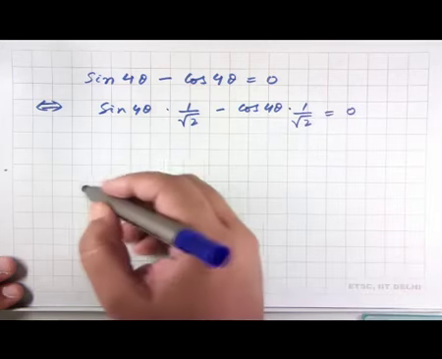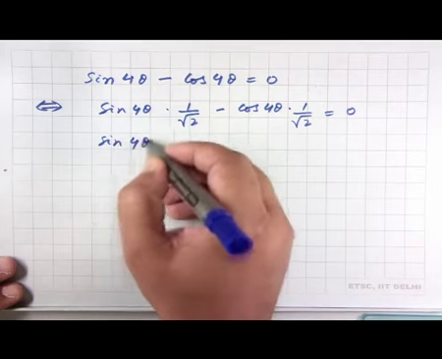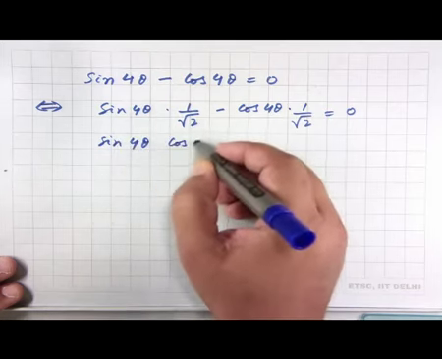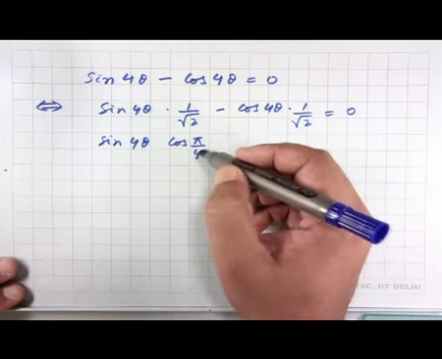Equals 0, and this can then be written as an expression into cos, because cos pi by 4 is equal to sin pi by 4 is equal to 1 over root 2.